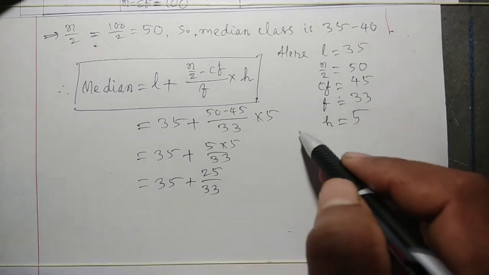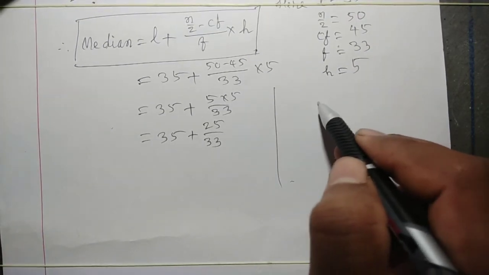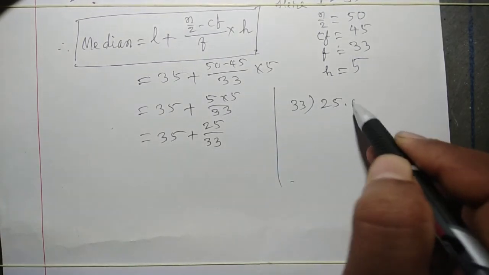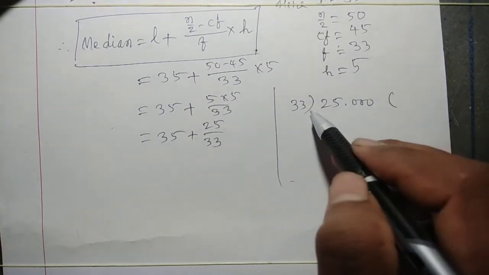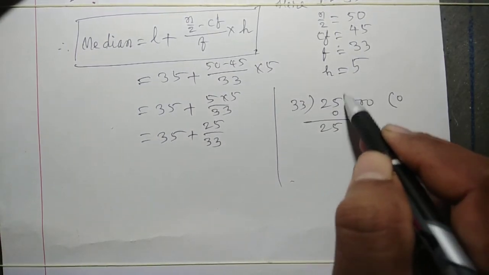Now we have to divide 25 by 33. 33 zeros are 0, 25.